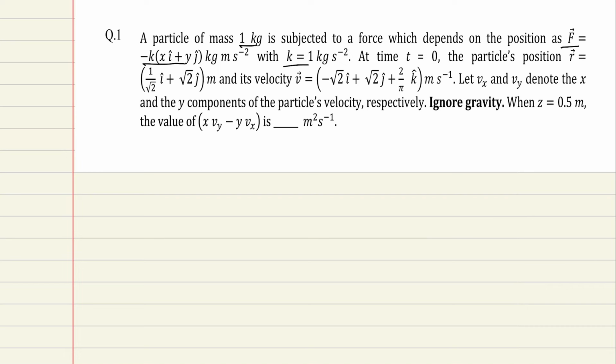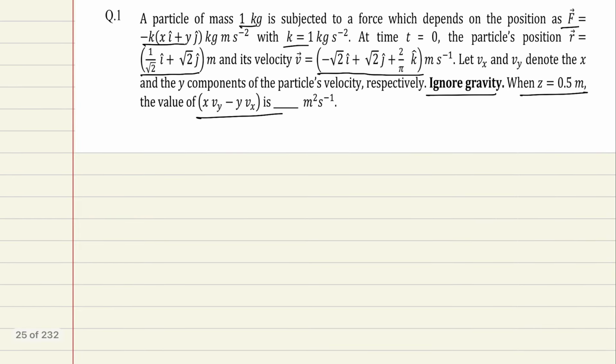At time t equal to 0, the particle's position r bar is 1 by root 2 i cap plus root 2 j cap meter, and its velocity is minus root 2 i cap plus root 2 j cap plus 2 by pi k cap. Let Vx and Vy denote the x and y components of the particle's velocity respectively. Ignore the gravity. When z is 0.5 meters, the value of x Vy minus y Vx is.